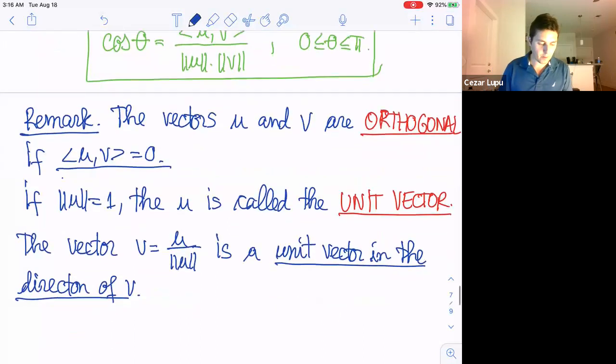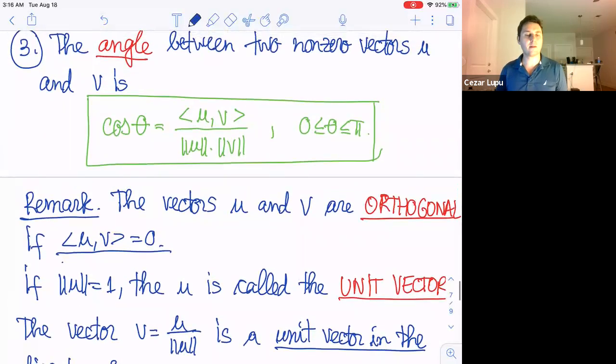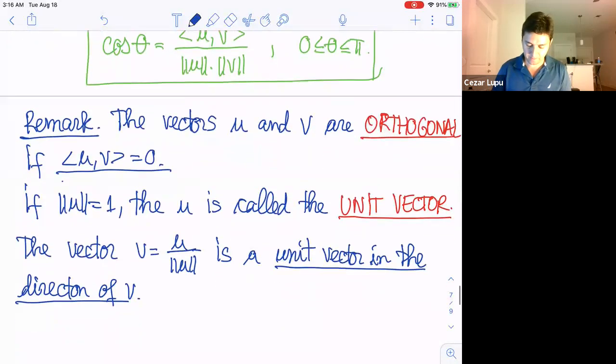Okay. Well, let's look at the formula of the angle between two vectors u and v. As you can see, it's the cosine. And we know something about the cosine function. What do we know? We know that the cosine function is bounded, right? It's between -1 and 1. Well, this will imply one thing.